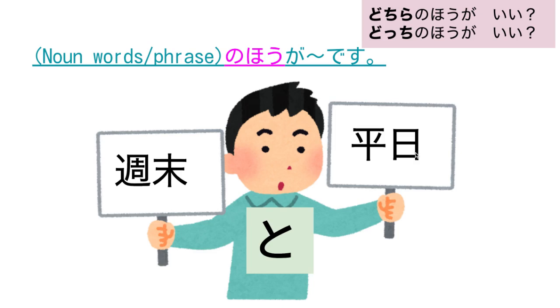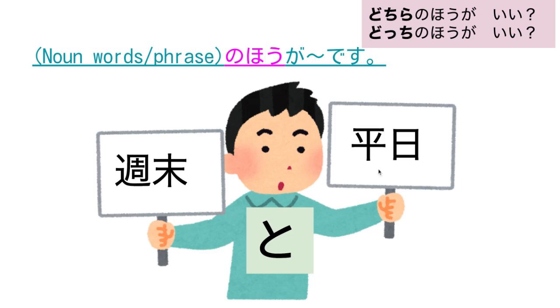平日 means weekdays. So どちらの方がいいですか? So I am trying to guide you through how to ask a question to compare two items. Just like Erin's website, you are going to start with the two topics because you're just comparing two items, right?